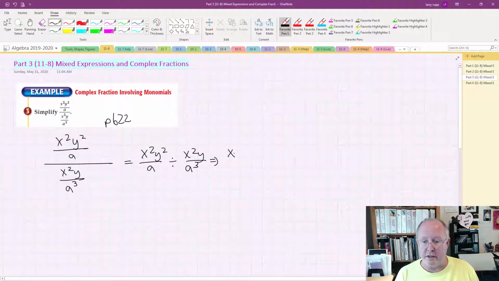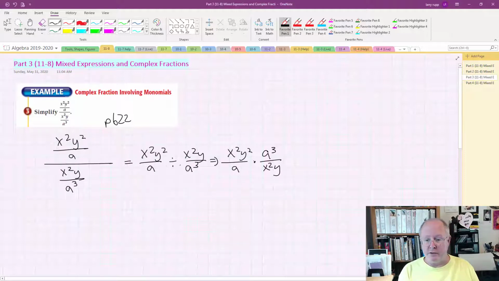And then that becomes x squared y squared over a times, that's the keep it, this is the change from divide to multiply, and then flip it, a cubed over x squared y.